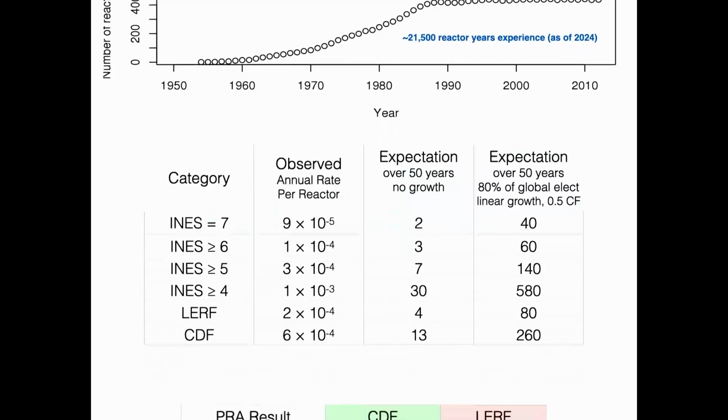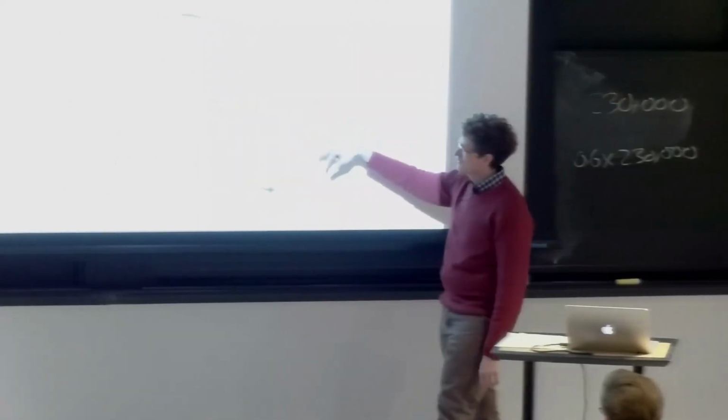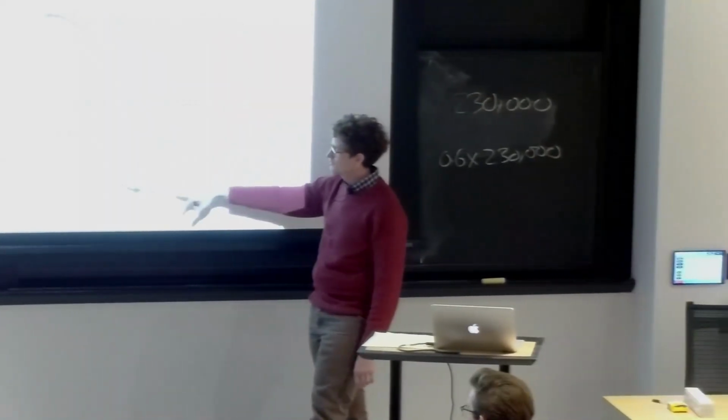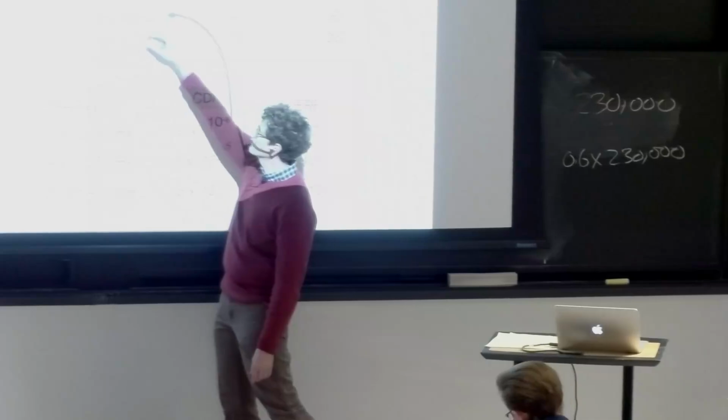All right, so we can just take these numbers and we can calculate a large early release frequency. I guess you can't really see that this is red, but if we take that rate, and we take the existing fleet and we take the rated average, this is the PRA result. We're at 2 times 10 to the minus 4.